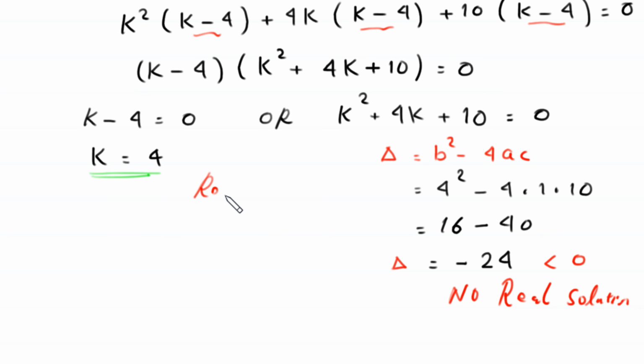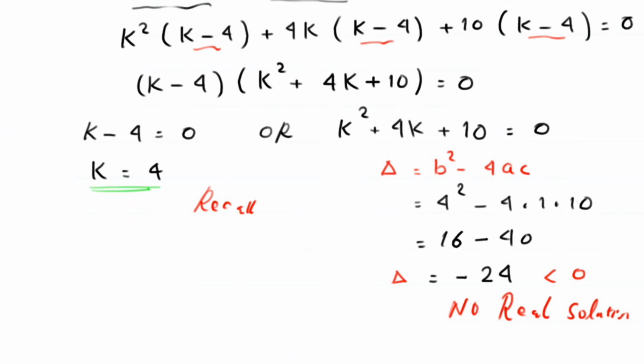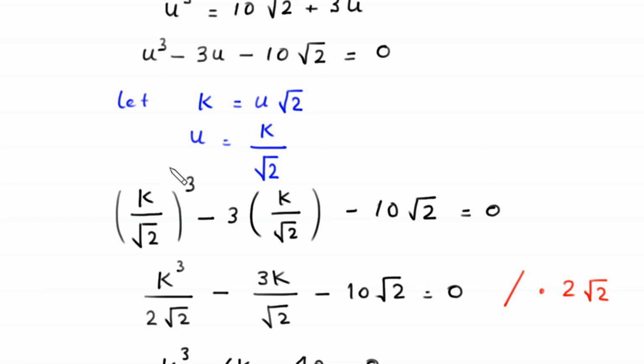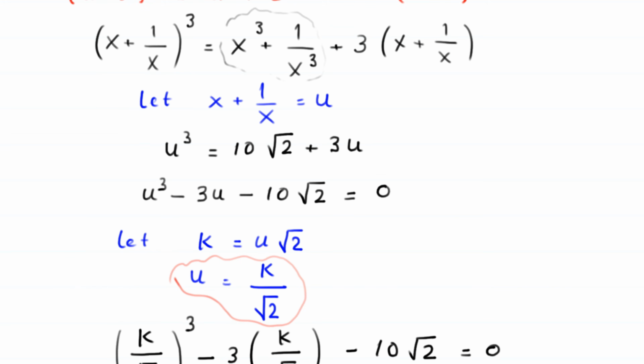Now recall that we have supposed that u is equal to k over root 2 and x plus 1 over x equal to u.